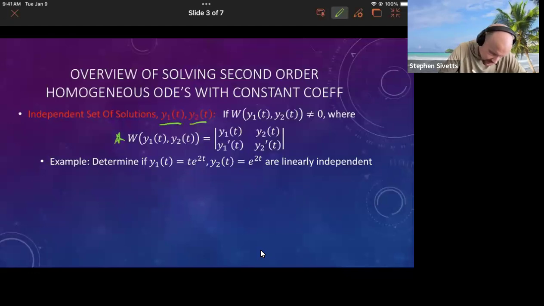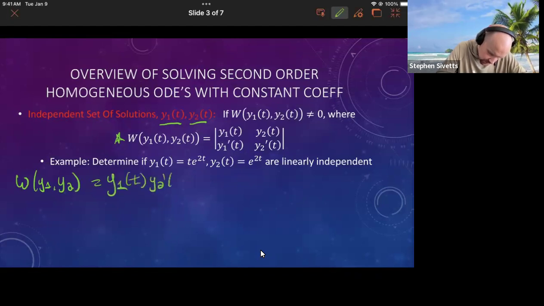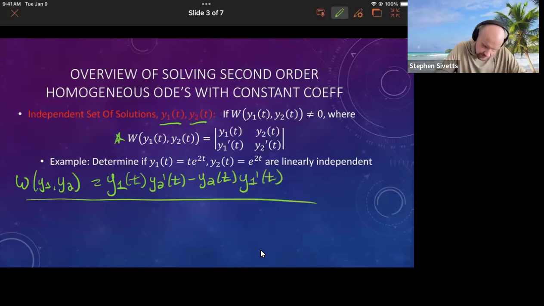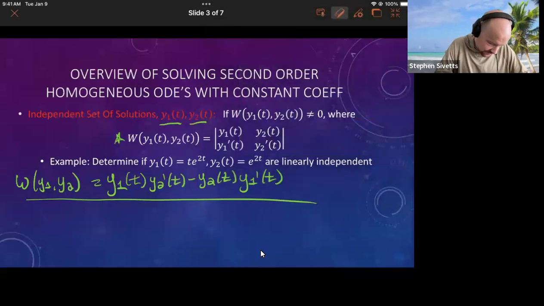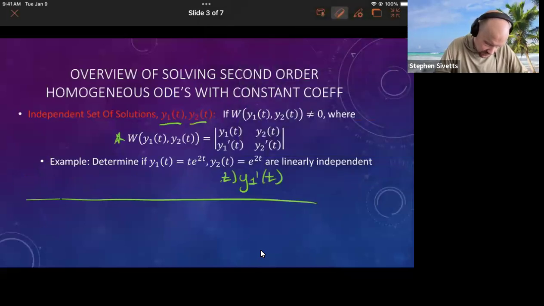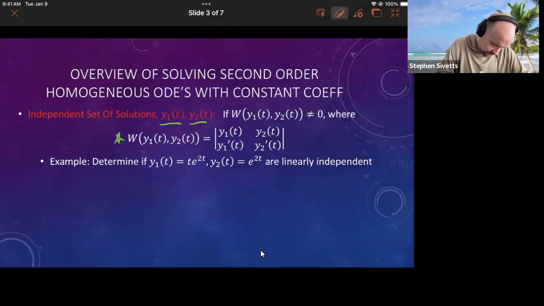So the Wronskian of y1 and y2 equals y1 of t times y2 prime of t minus y2 of t times y1 prime of t. That's the Wronskian, and it's a function in t. So that's the definition.